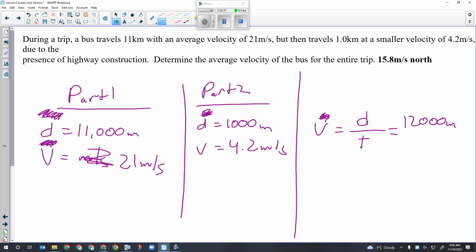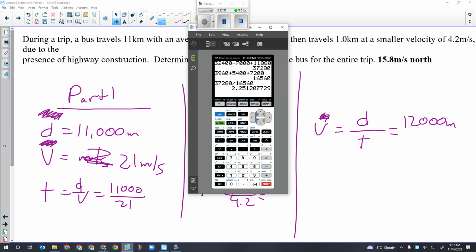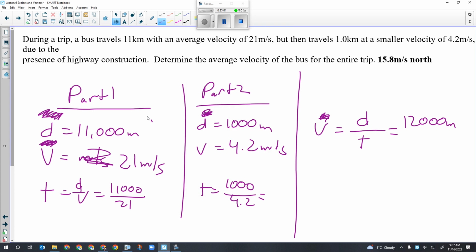Can I get it? Same as we always do, T equals D over V, so that'll be 11,000 divided by 21, and on this one, it'll be 1,000 divided by 4.2. So 523.8.